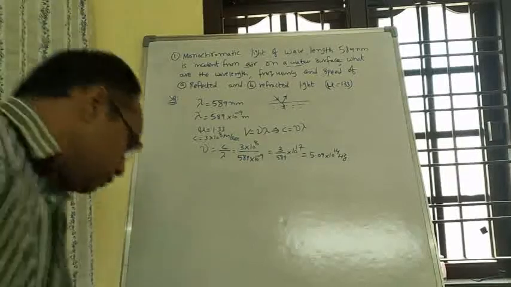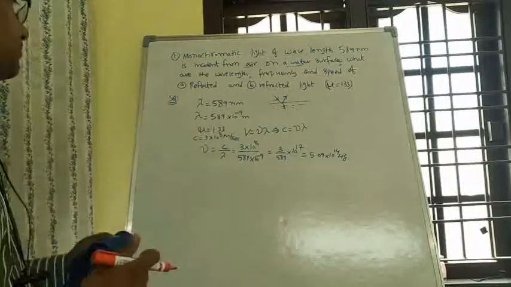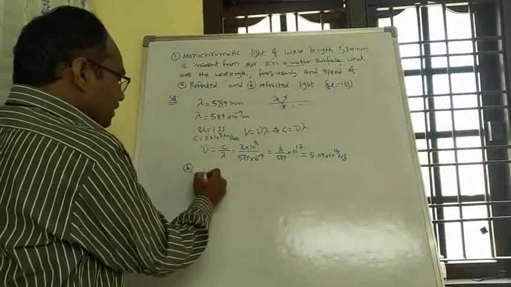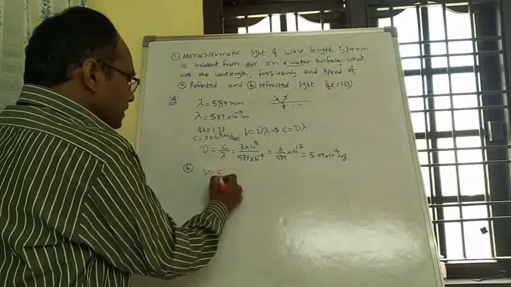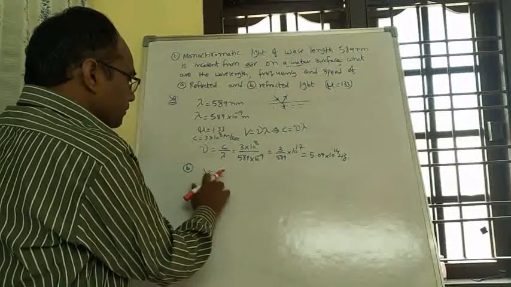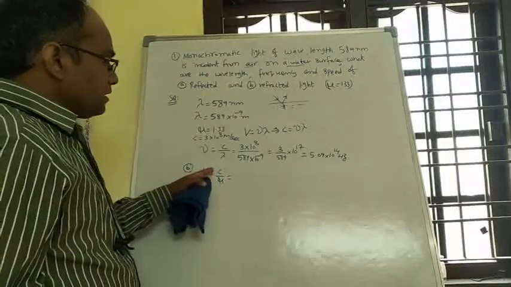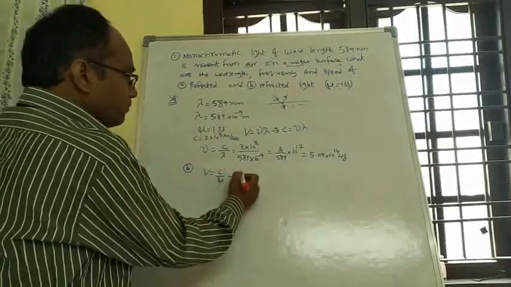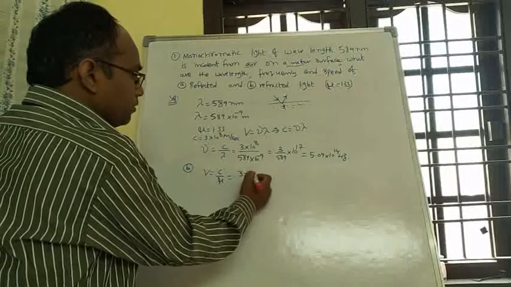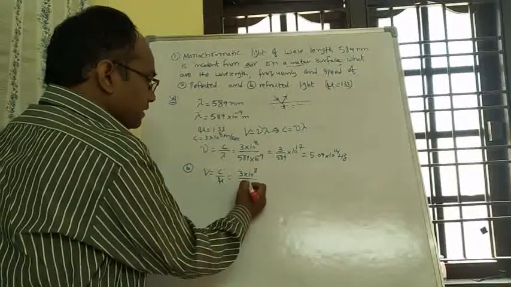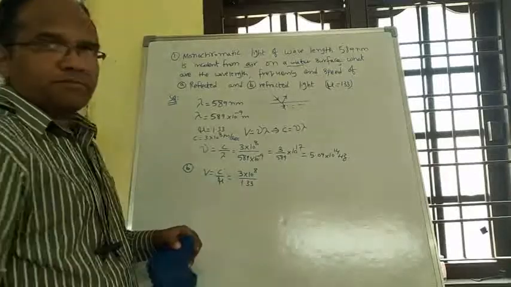Here V is equal to C by n, where C is 3 into 10 to the power of 8 meter per second and n is the refractive index, 1.33.